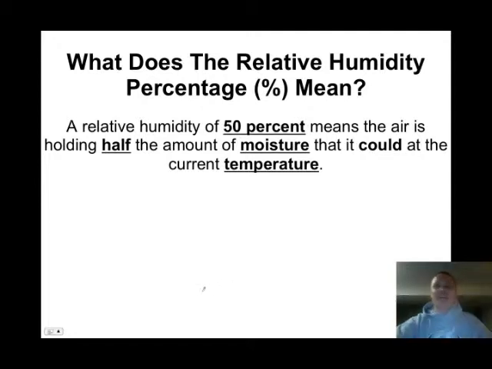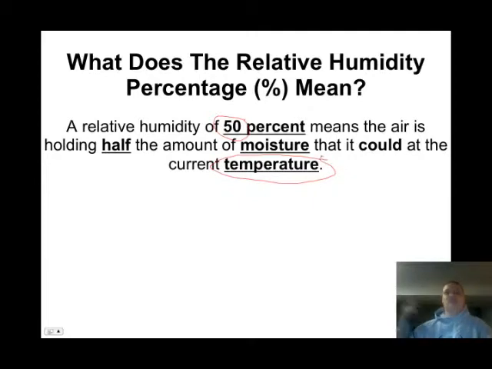So again, a simpler connection between them. If you have a relative humidity of 50%, this means that the air that surrounds you right now is filled halfway up with some type of moisture, and that's how much it could hold at that current temperature.